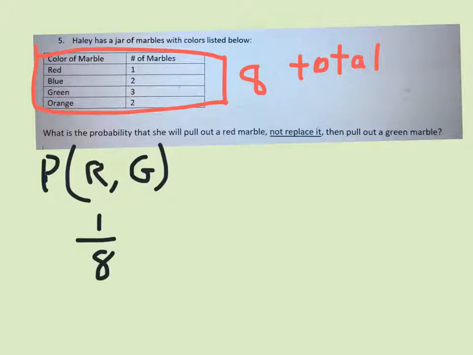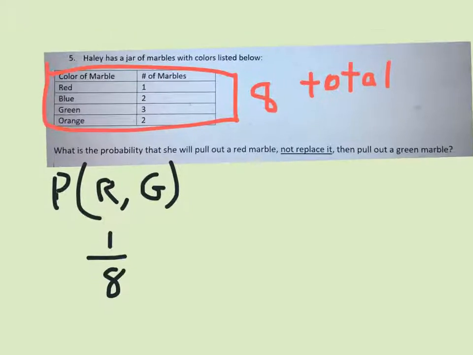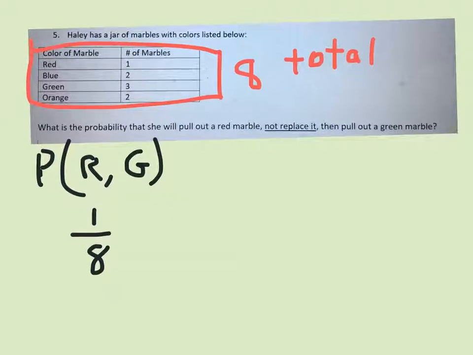All right, so picking out a red. There's 1 red, so 1 out of 8. So I put that right here. Now we are going to multiply that against our next probability of picking out a green marble. But if we're not going to replace it, then we have to adjust our total. So now we picked out the red, and now we don't have any red in the jar.